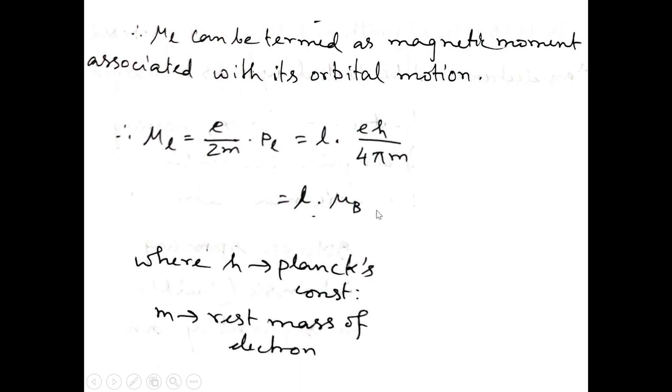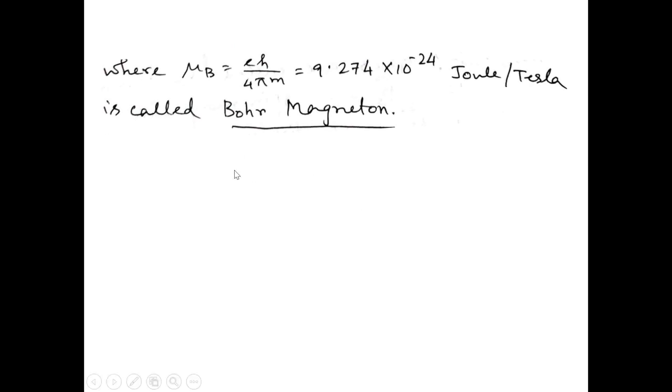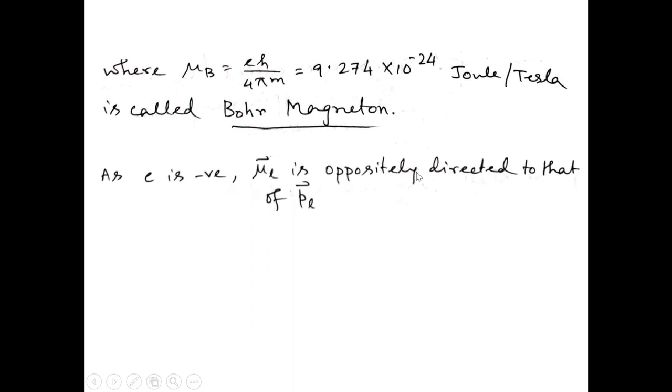So we will know from today that mu B equal to EH by 4 pi M or EH cross by twice M. The value is 9.274 into 10 to the power minus 24 joule per Tesla. As E is negative, mu L is oppositely directed to that of PL. That convention will carry on.